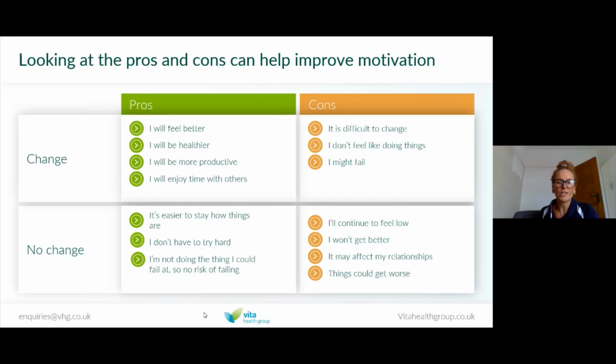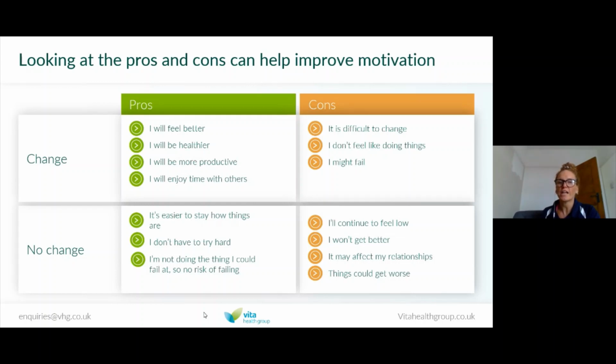On the screen now, you can see some examples of the pros and cons of change, but this will be different for everybody. Some pros of change are: I will feel better, I will be healthier, I will be more productive, I will enjoy time with others.